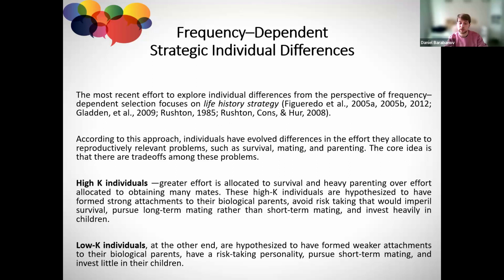Low K individuals, on the other hand, have weaker attachments to other people, and they're more willing to take risks. Their strategy is based on short-term mating and mating with more people, having a greater number of children, though not investing much into nurturing them.